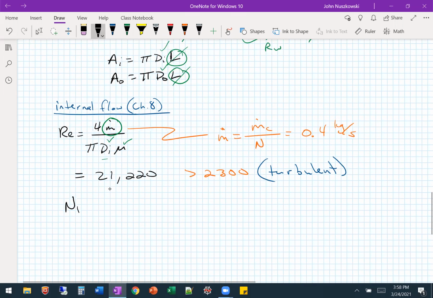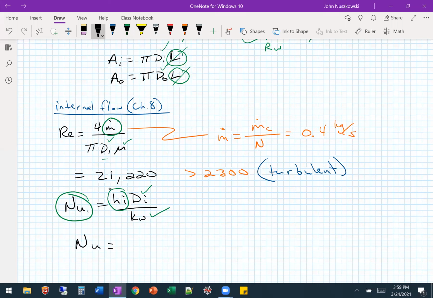We have our Nusselt number, and we have diameter. We have the thermal conductivity of the water, so we're still looking for the convection coefficient, which means we need the Nusselt number. So we look up the appropriate one for turbulent, internal flow, and we assumed fully developed.